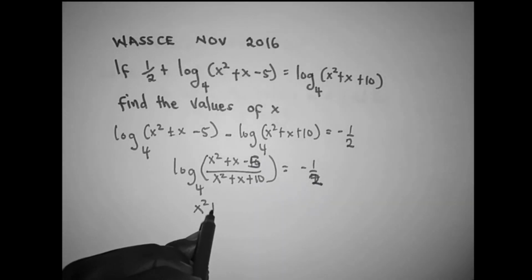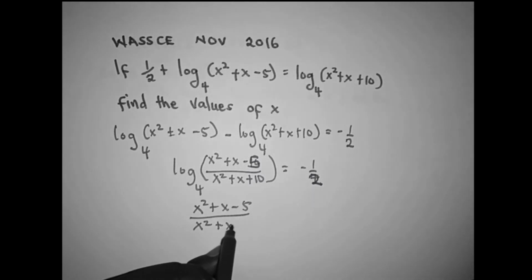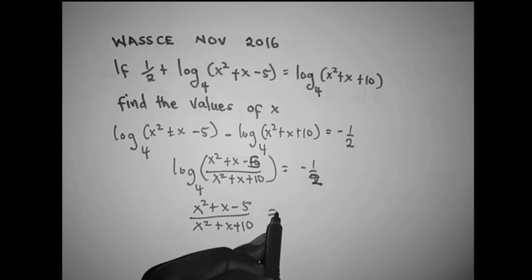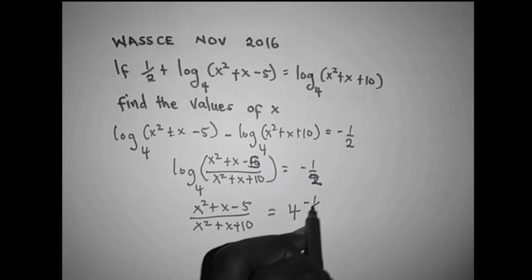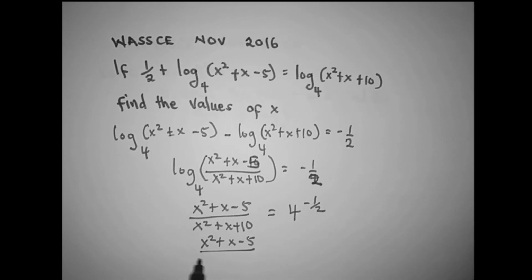So (x squared plus x minus 5) divided by (x squared plus x plus 10) is equal to 4 exponent minus 1 over 2, which is the same as 1 over 2.